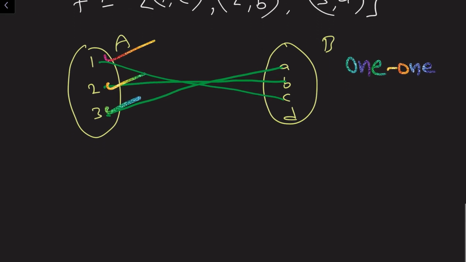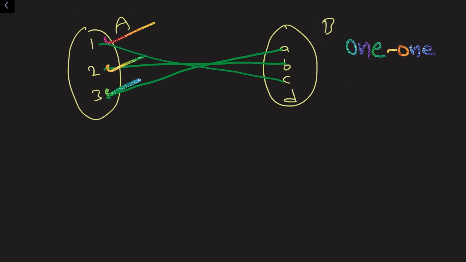Next, let us check whether this function is a surjection, that is onto, or not. Here a is having some element in the set A, b is also having some element in the set A, and c is also having a connection with an element in set A. So the range is only 3 elements: a, b, c.